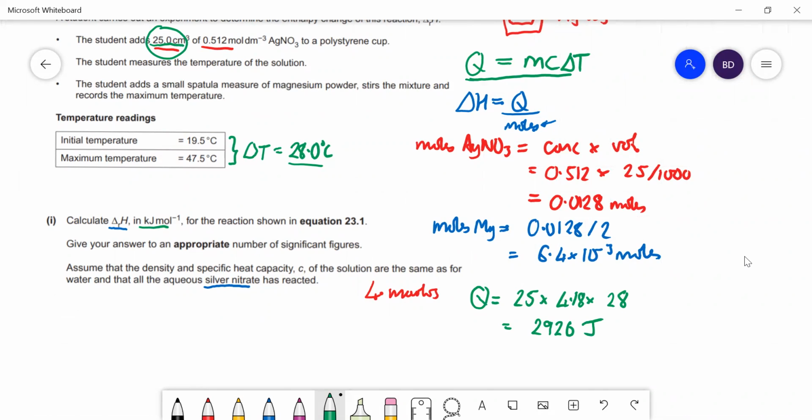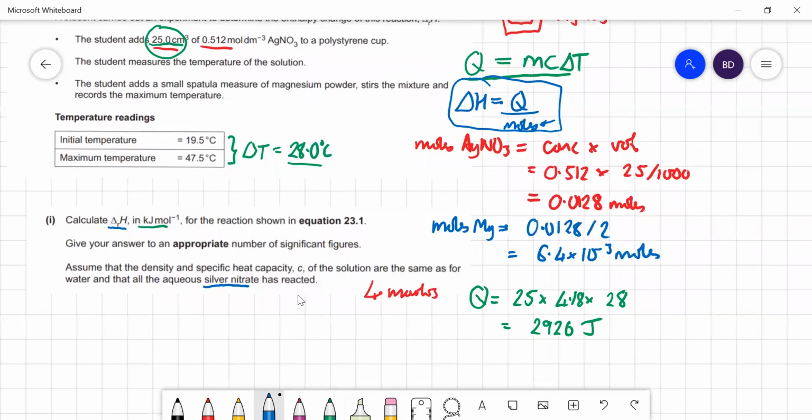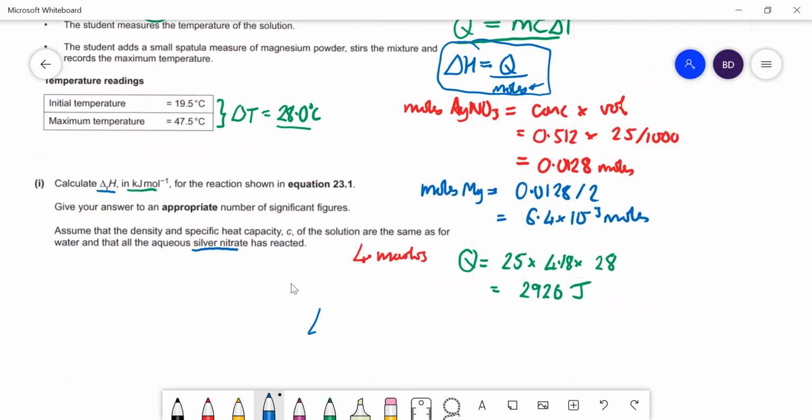Okay, so scale that up to delta H by using this blue equation up here. So delta H is equal to Q over the moles of Mg, which is equal to 2,926 divided by 6.4 times 10 to the minus 3.